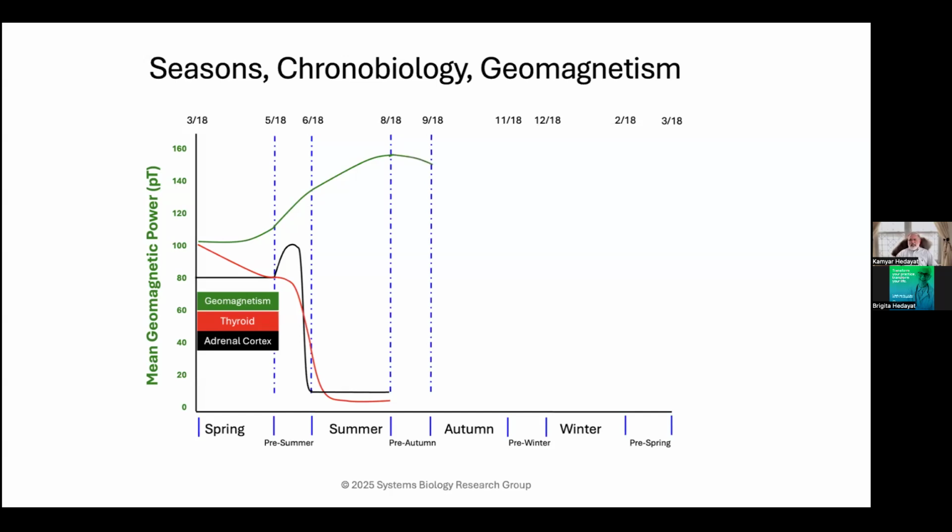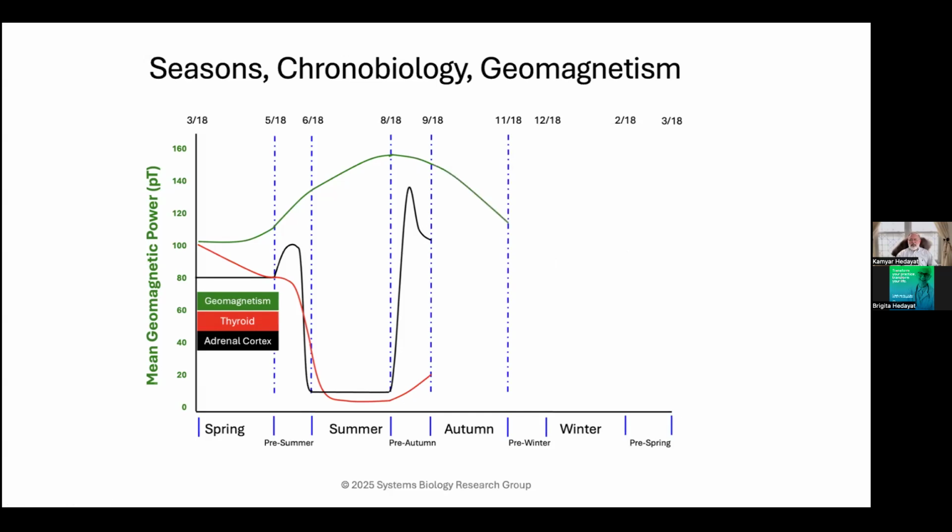There's a pre-autumn adaptation. We see the geomagnetic activity in green starts to decline. And as always, during these intermediate periods, you see a boost, a rise in adrenal function, ideally, because this helps prepare the organism for the change in the level of metabolism. And you see again a commensurate rise in thyroid activity here at the bottom of the screen, which is inversely related to the gentle decline here in geomagnetic activity.